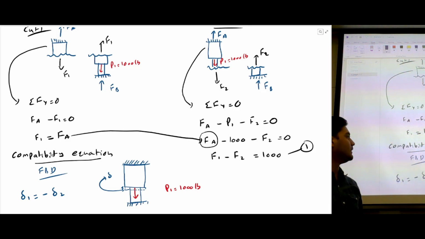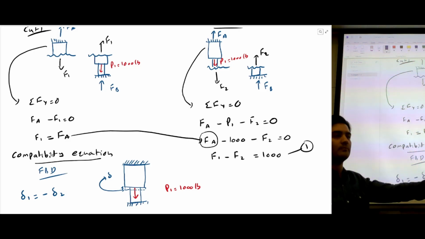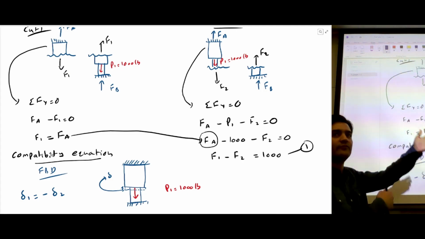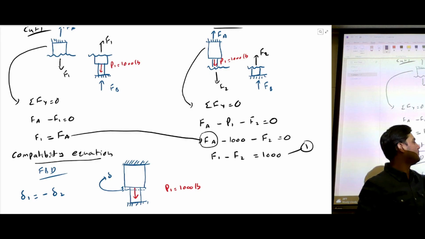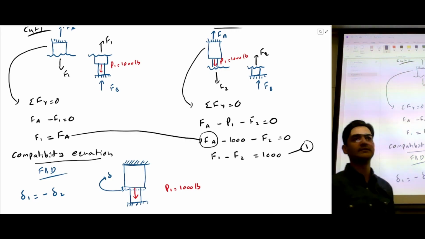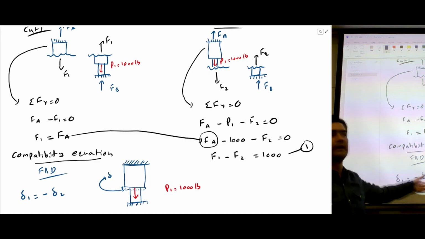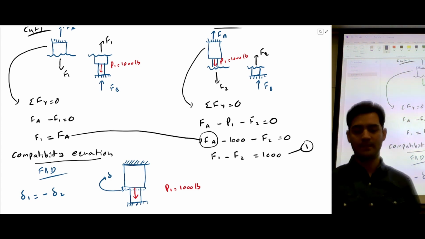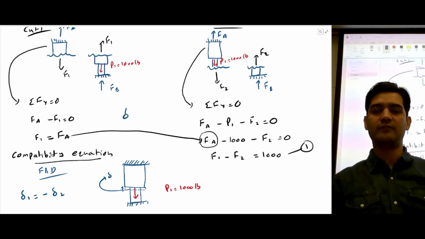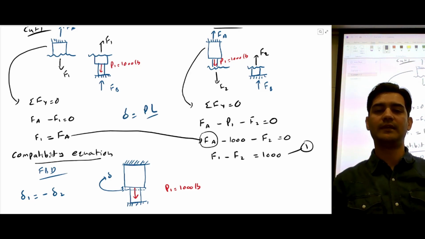So this is a compatibility equation we generated from the concept of deformable body mechanics. We know we will have deformations, and we can see the deformations are the same for cylinder 1 and cylinder 2. So I can write this down. This is from mechanics of material. We know the deformations are the same. Does it make sense? Okay. So we know what deformation is: PL over EA.